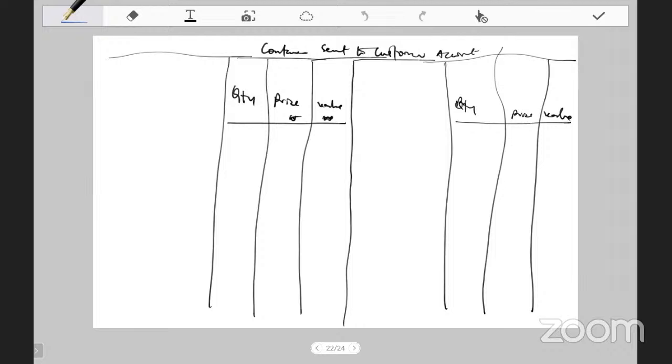Now, let me take you back to what we have done. I started with two methods: container trading account and container suspense account. Now, for P&L, we adopt the container trading account branch inventory. The way we prepare the branch inventory in the container trading account is the same way we prepare this.